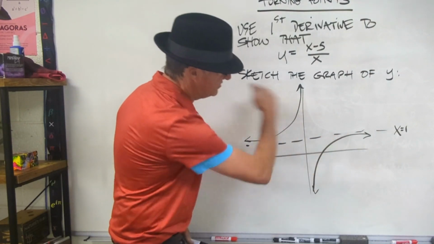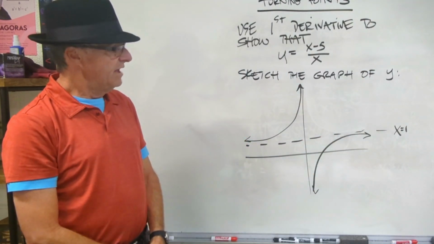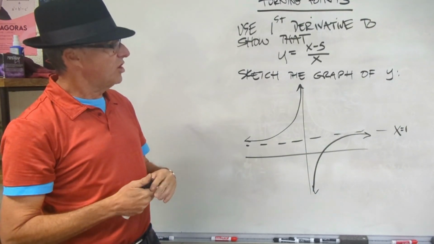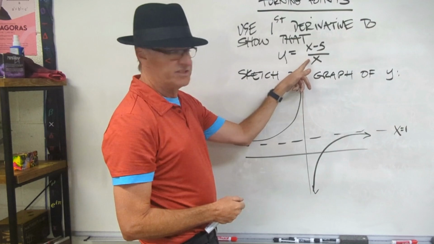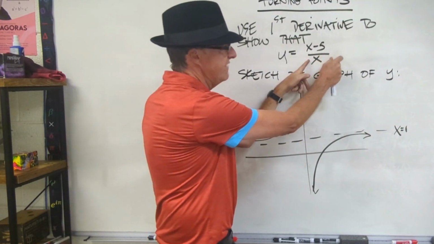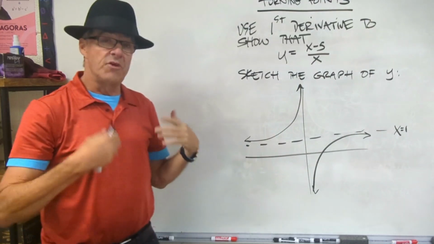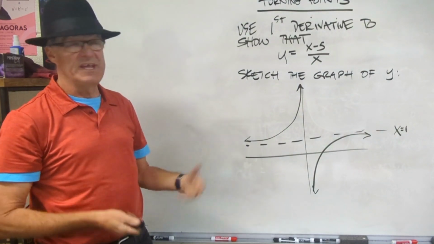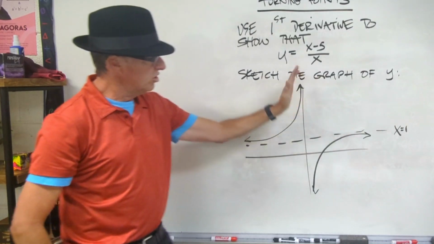That's why these two curves are approaching the y-axis. That's when x is 0. And then the horizontal asymptote occurs when the coefficient of x, which in this case is 1, is added to whatever constant is out there, which in this case is 0. So the horizontal asymptote on this one is just 1. So I sketched that in there and I drew my curves.